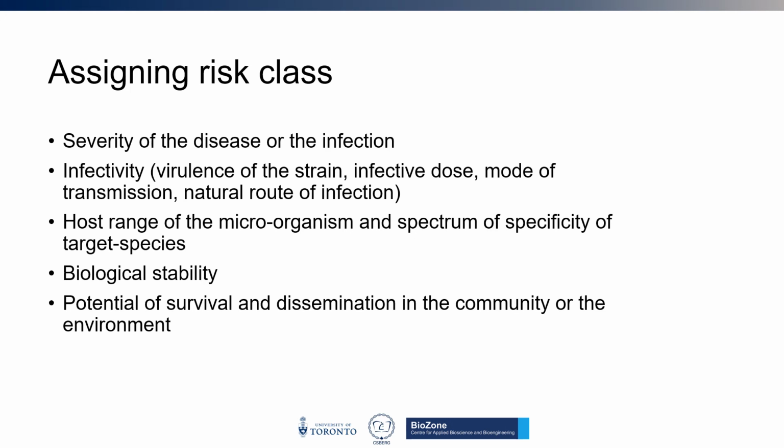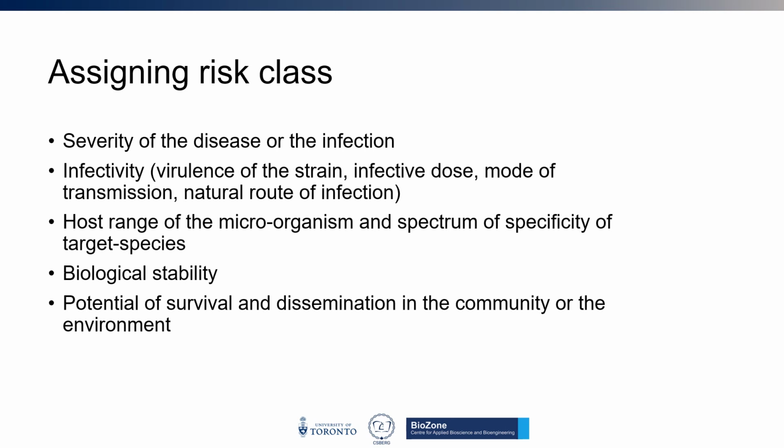Also, one consideration with regards to genetically engineered organisms is the host range, the specificity of the target species relationship. So can your microorganism only impact, say, humans or a certain type of animal, or does it have the potential to affect a broader range of hosts?